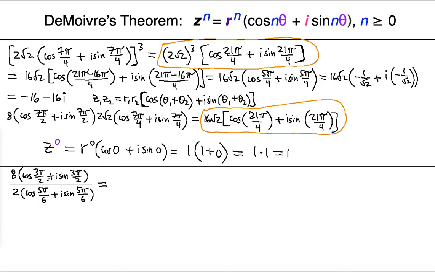And now let's check out how this works for the division of two complex numbers. Notice that we can use a formula just like we used for the product.